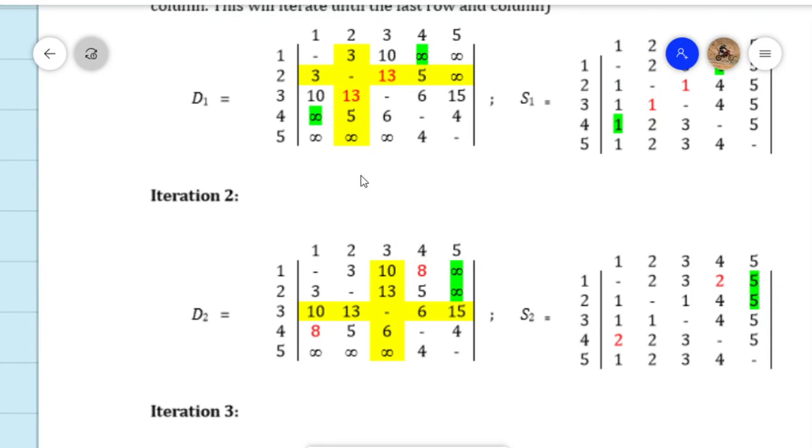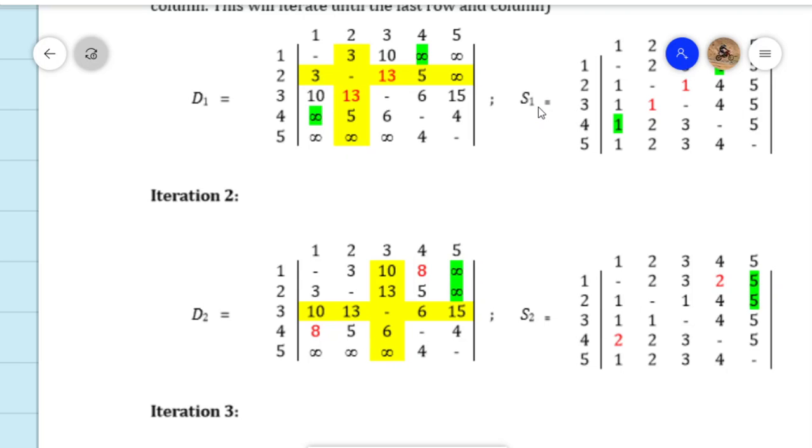So we shall replace that with the sum of the entries in the pivotal row and pivotal column. So for this entry, that will be replaced by 3 plus 5. So it becomes 8 in the next iteration. So this would also become 8 because 3 plus 5 is also 8. Okay, so these marked red entries here are the replacements of the marked entries in D sub 1.